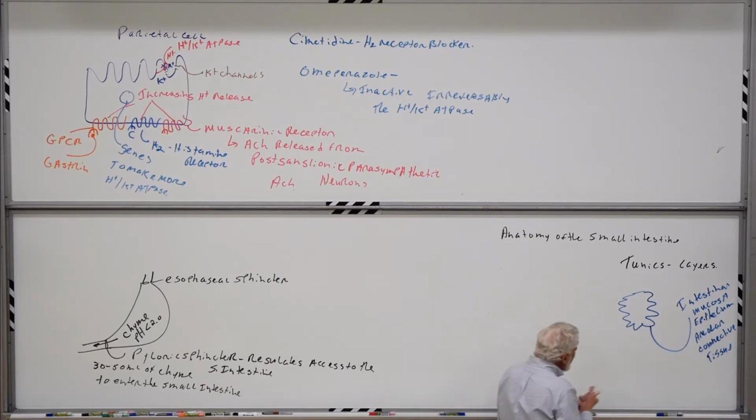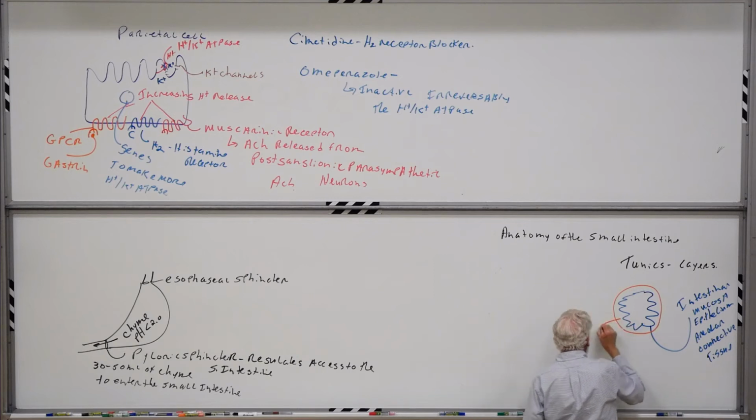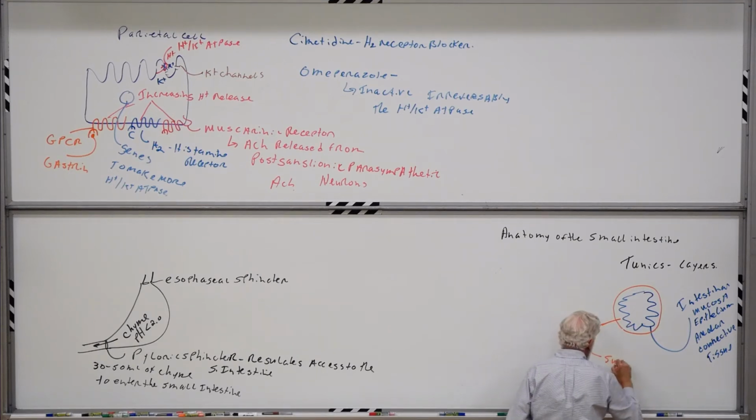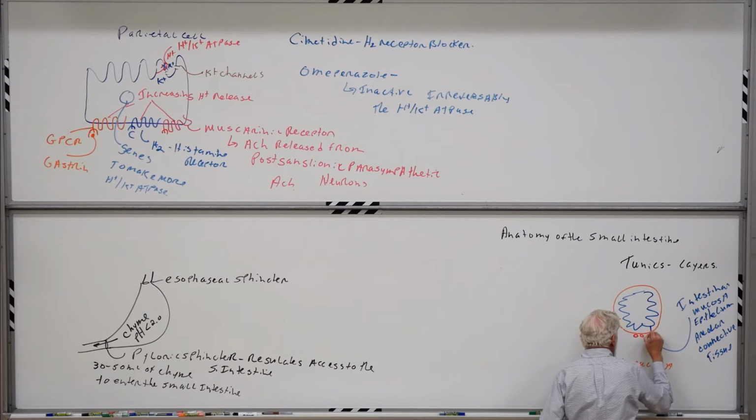As before, immediately beneath that will be this layer of submucosa. And then outside the layer of submucosa will be a layer of smooth muscle.